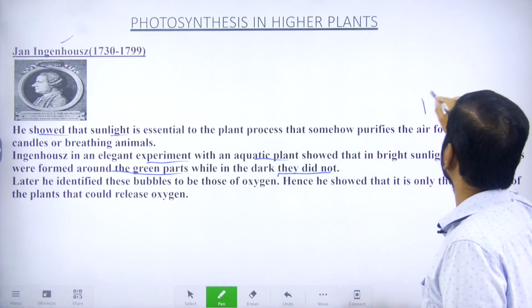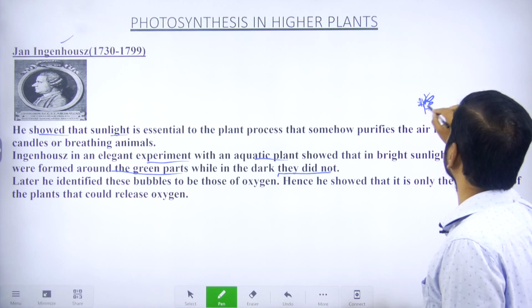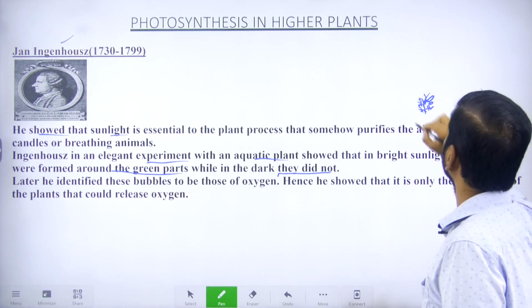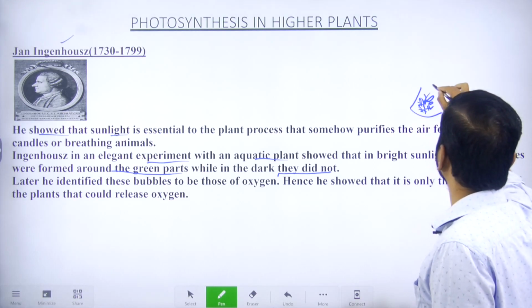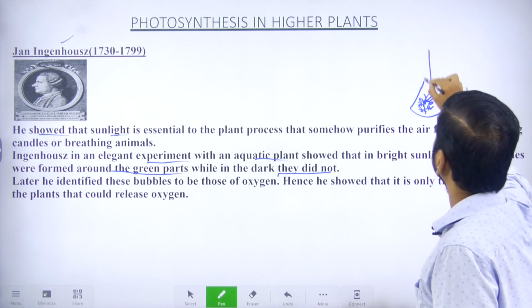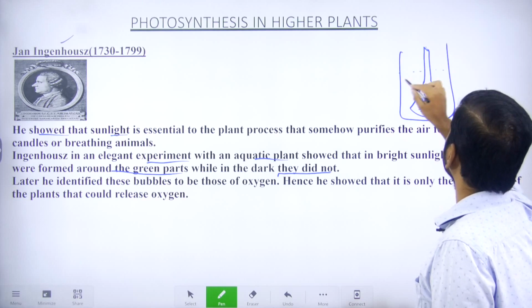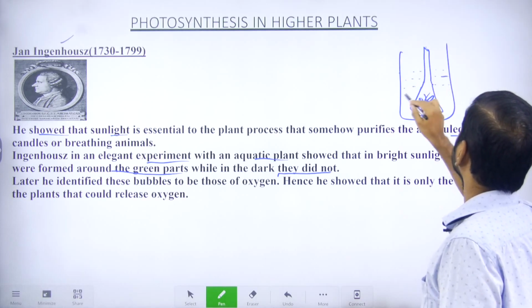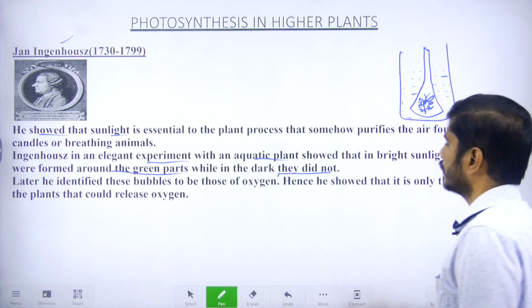So initially it is placed in water. Right.